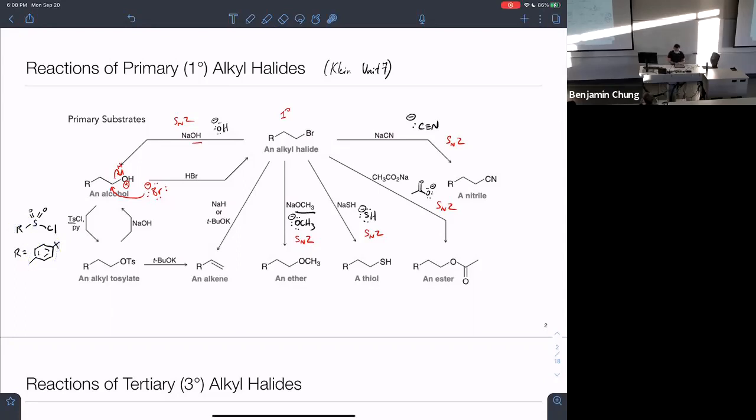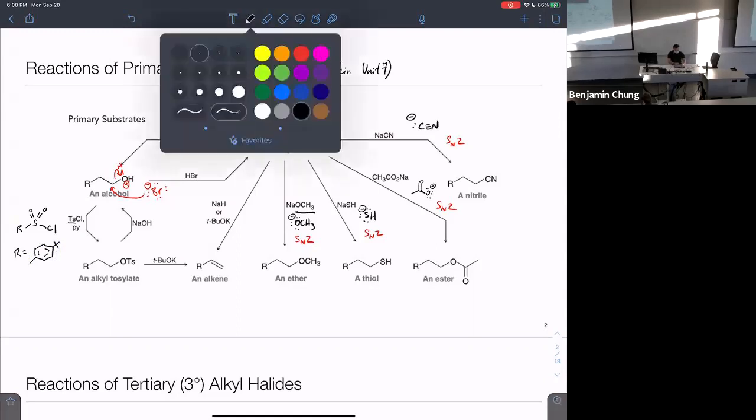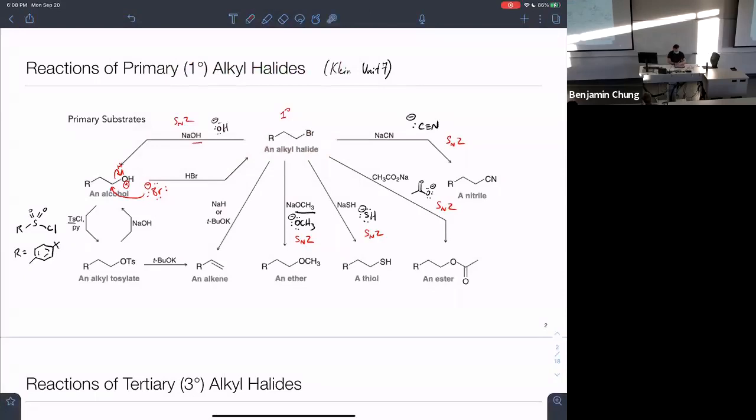And the reason why you want to change it to a tosylate is because, in the case of oxygen containing electrophiles, you want to change this group here into a good leaving group, because without protonation or the formation of a good leaving group, OH is not really prone to be a good leaving group.